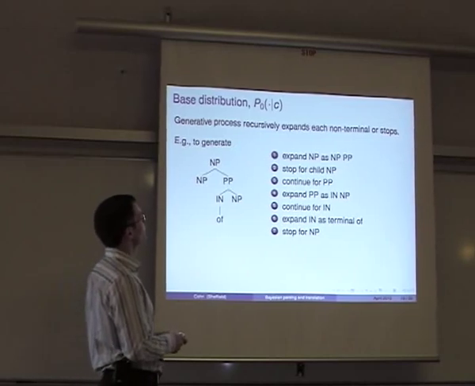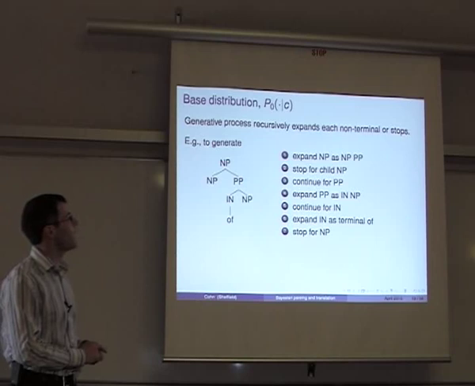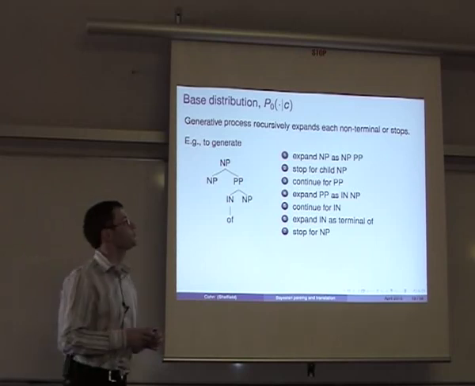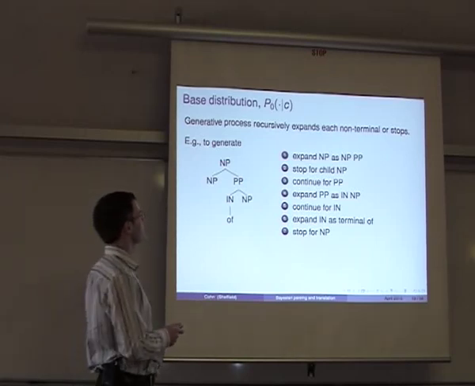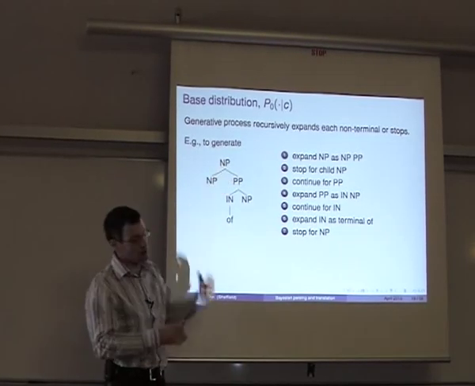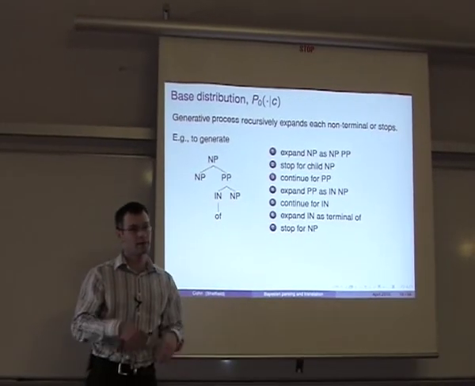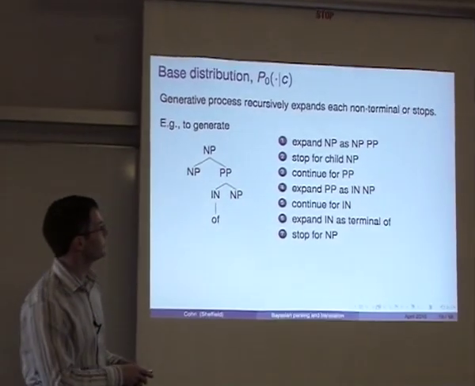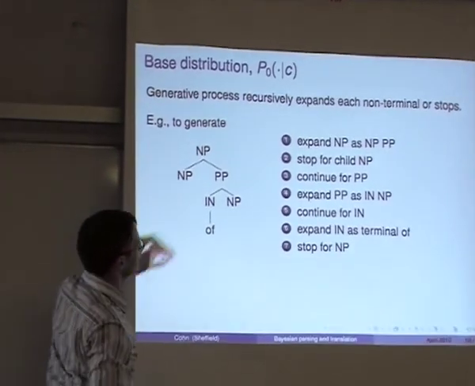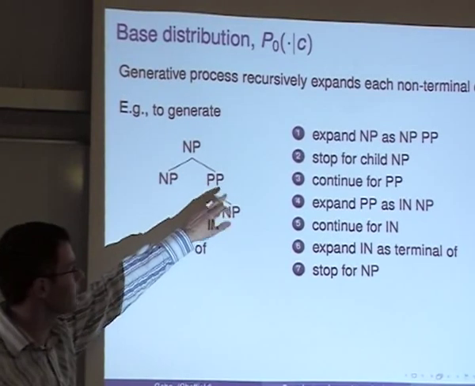So we need a distribution over infinitely deep trees, and we frame this as a very simple generative process. The idea is that we start with a symbol, which we have to rewrite, and we recursively expand it. And at each point, after an expansion, we can decide to stop or continue. So in the first step here, we decide to expand a noun phrase, perhaps it's a noun phrase and a prepositional phrase.